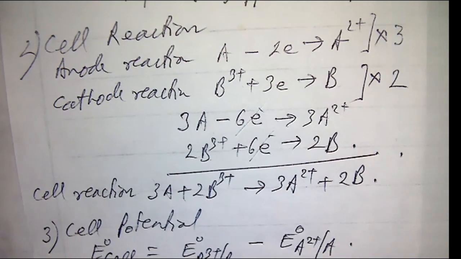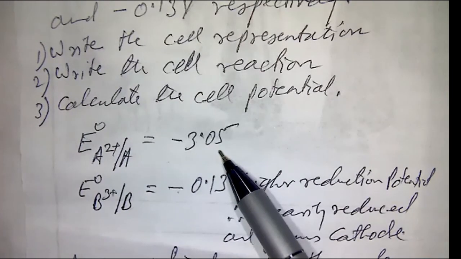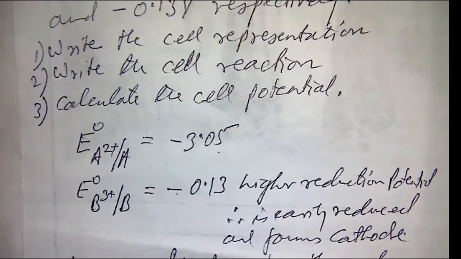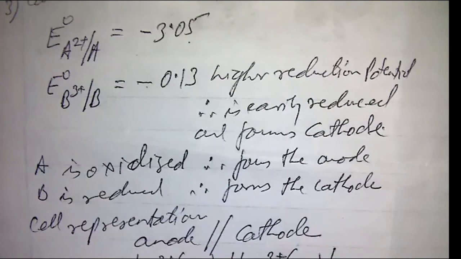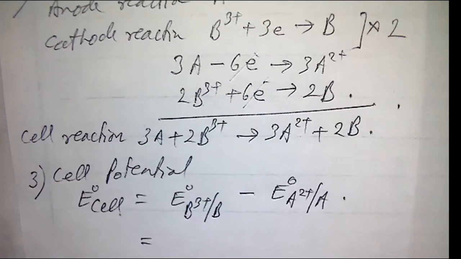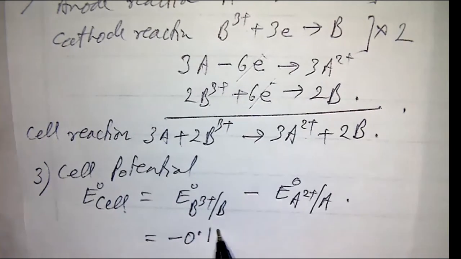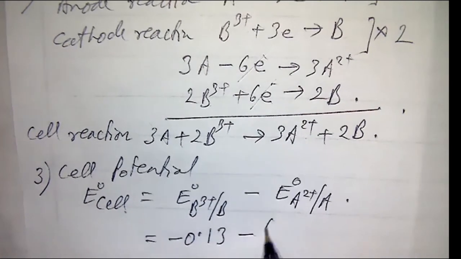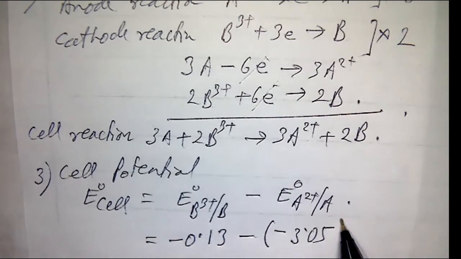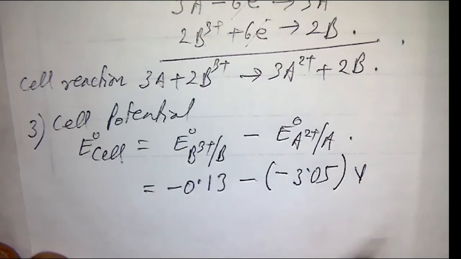We have already seen here. A is minus 3.05, and B is minus 0.13. So we are going to put this value here. So B is minus 0.13 minus of minus 3.05. Clear?